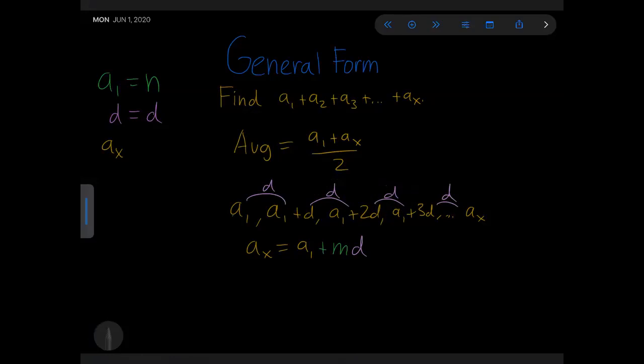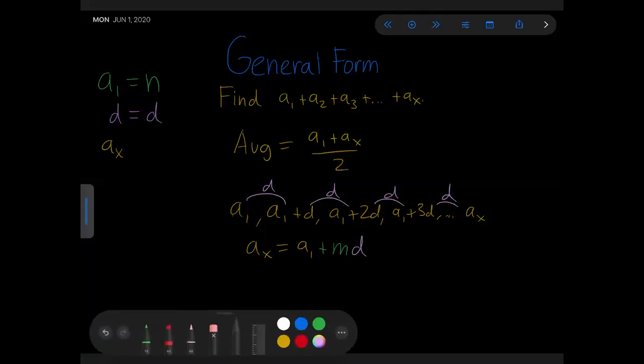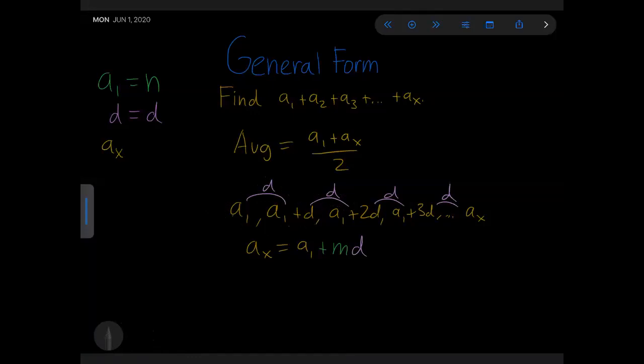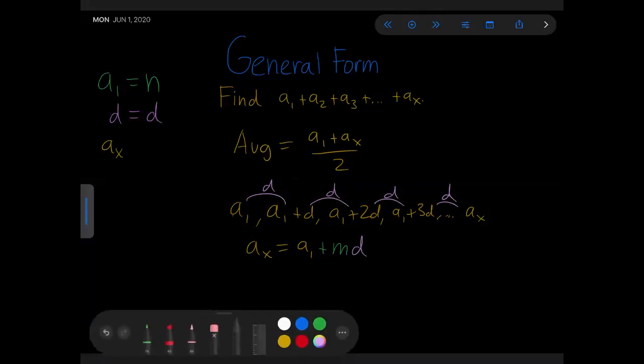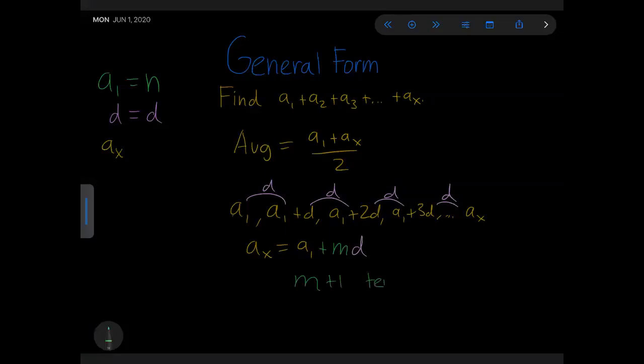How many terms are there? There's one more term than the number of d's. Let's look at this block. There's 2 terms, there's 1 d separating them. There's 3 terms, there's 2 d's separating them. 4 terms, 3 d's separating them. If you have m d's, you have m plus 1 terms. So therefore, there are m plus 1 terms in the sequence.